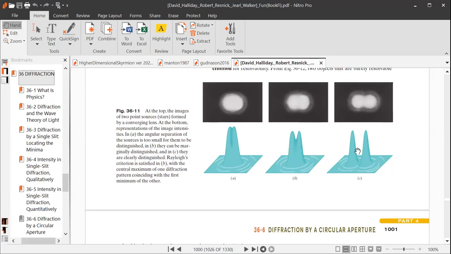So they are resolved. Resolve means that the first maxima split, because they are coming from the sources. Each maximum, this one.